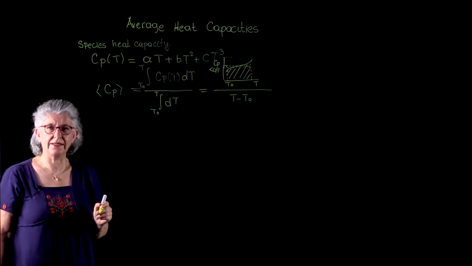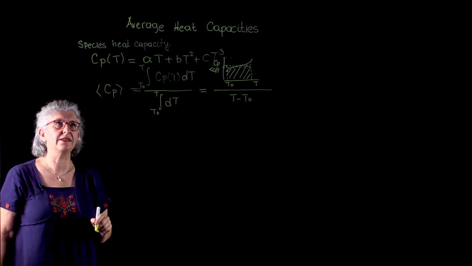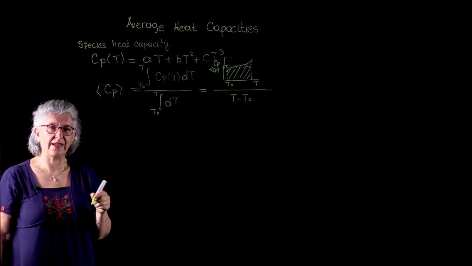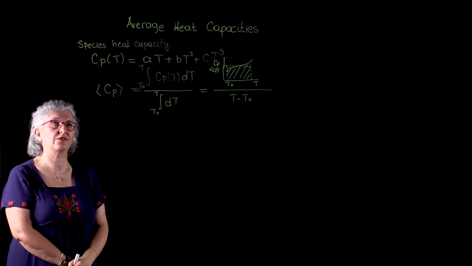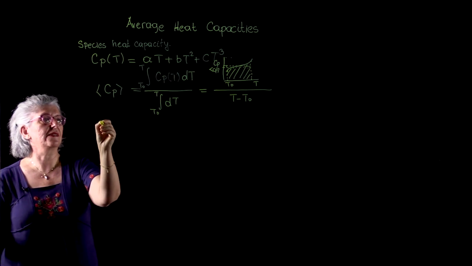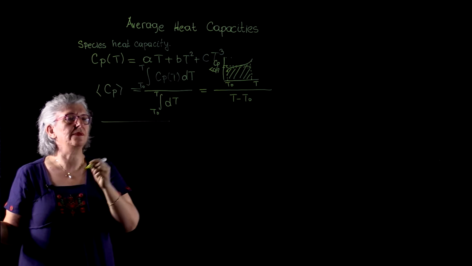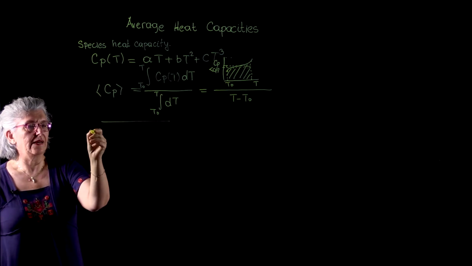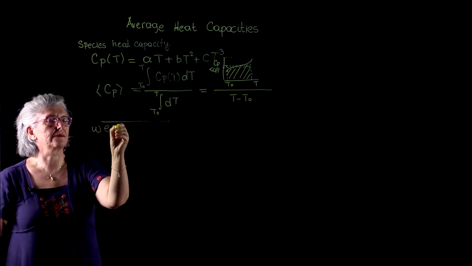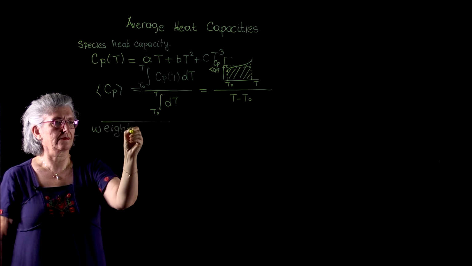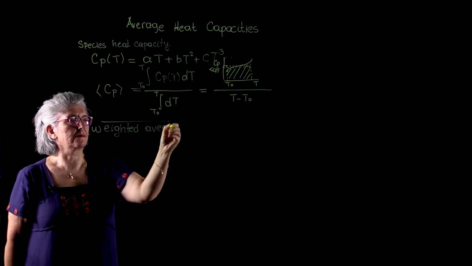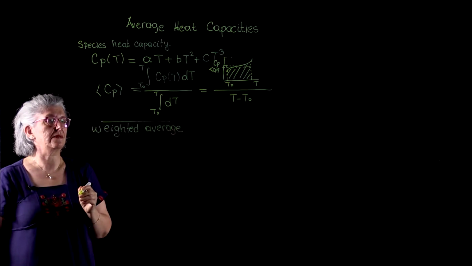Now then, the next average heat capacity is the mass average heat capacity for the mixtures. On this side of the problem, we're going to have a weighted average of heat capacities.